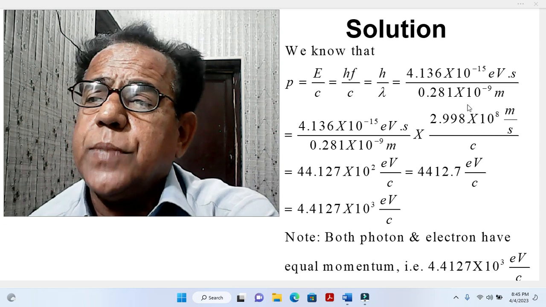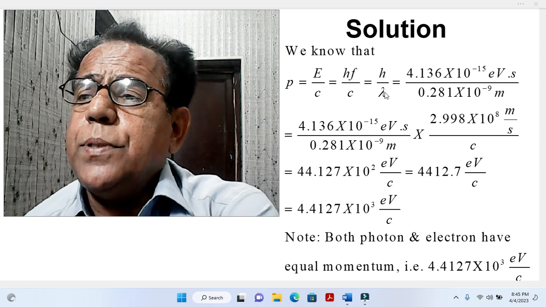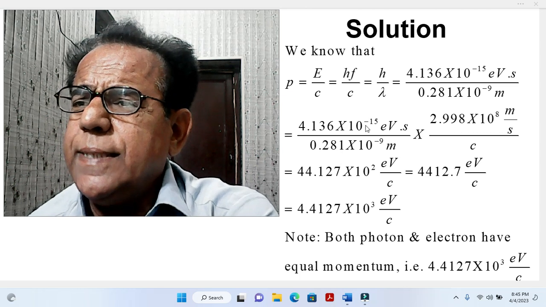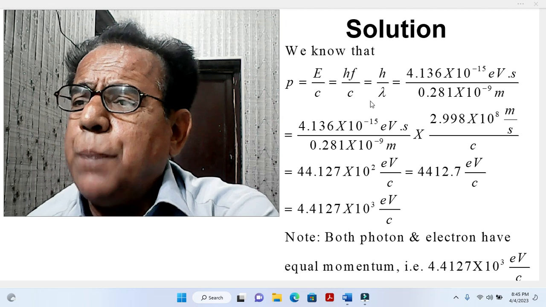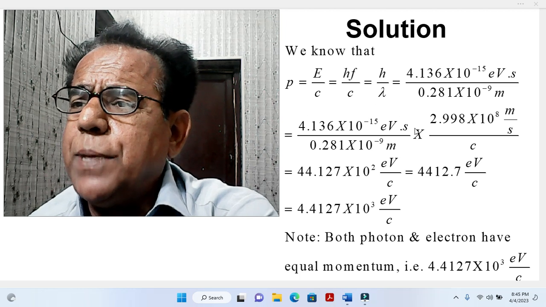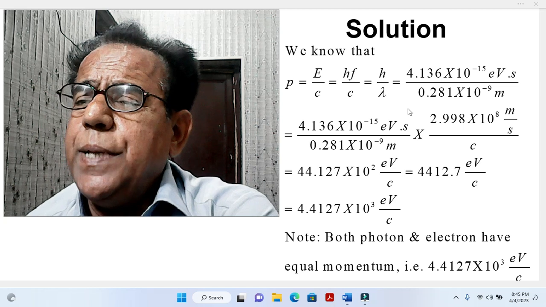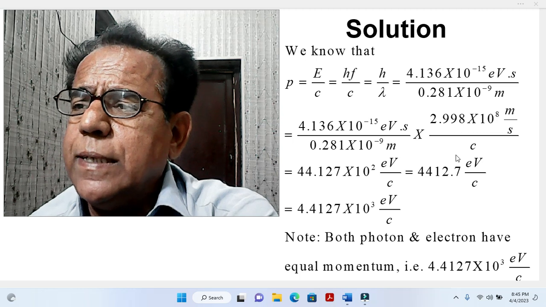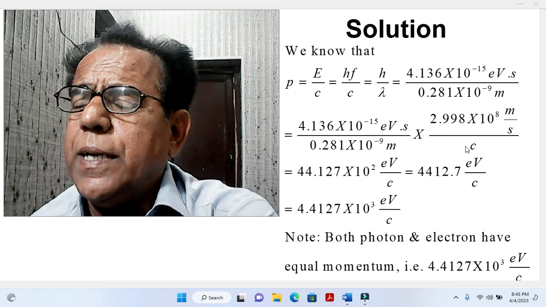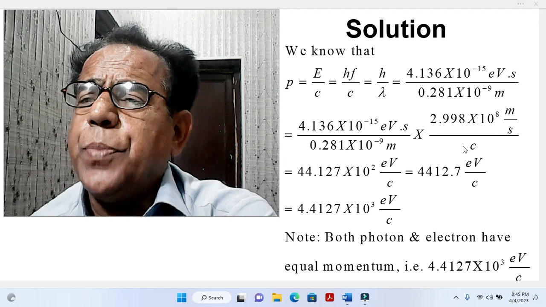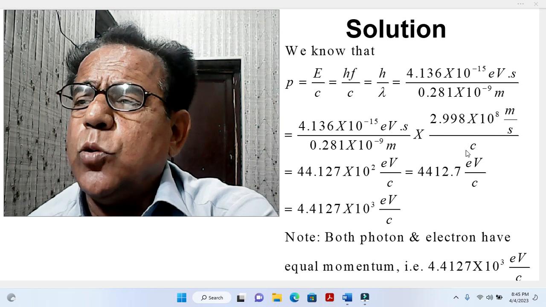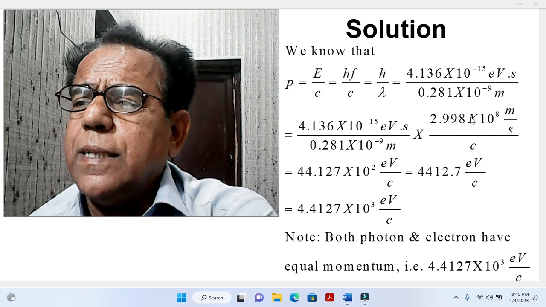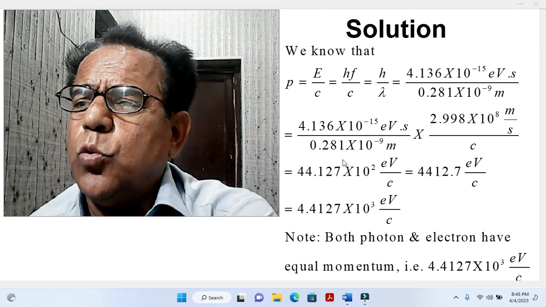In the next step, up to this we have made no change, but we have just made an alternate arrangement in which we have multiplied and divided by c. It will not make any difference, because both these equal quantities will cancel each other and we will revert to only this expression.